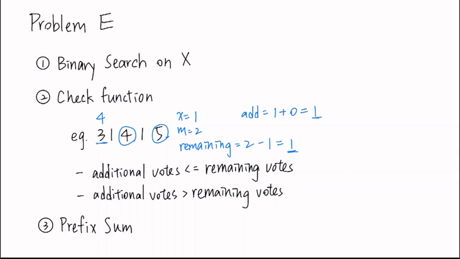So this means that with the remaining votes, it is still possible for the other candidates to have m candidates that have values greater than candidate 1. So in this case, this would not work for an increase of 1.